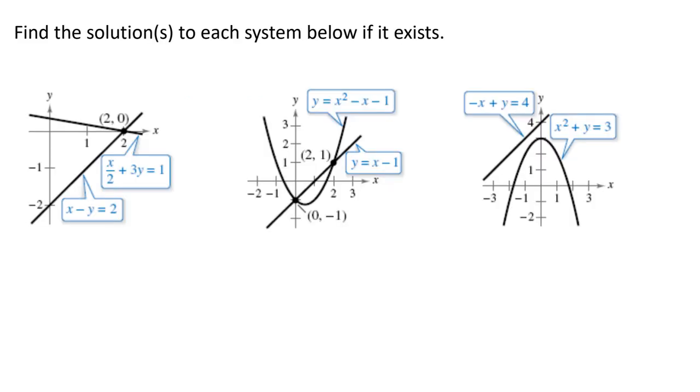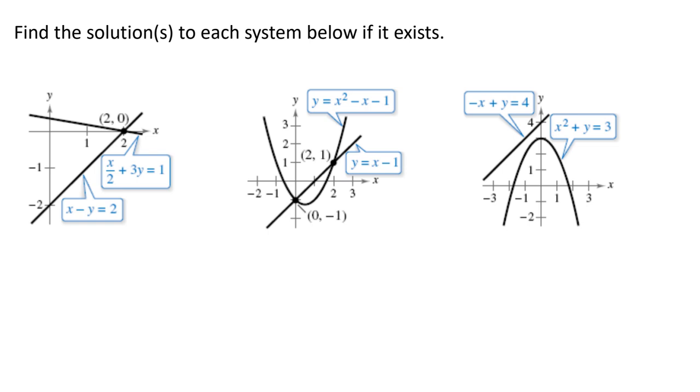Here are some examples of the solutions that we might find. On our first graph, we are dealing with a linear system because we have a graph of two lines. Where these two lines intersect, at the point (2, 0), that would be the solution for this system.